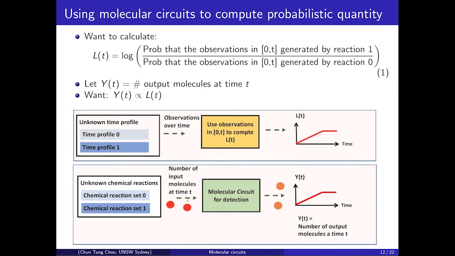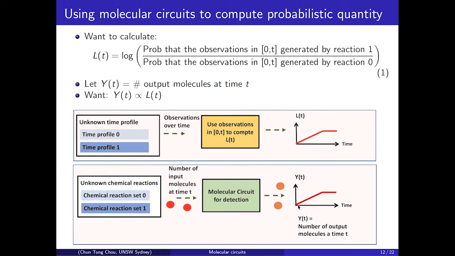If I use one of these sets of chemical reactions, an unknown one, then it will produce a certain time profile of the number of input molecules over time. These input molecules will react with the molecules inside this detection circuit, and they will produce output molecules. The number of output molecules over time is denoted by Y(t).